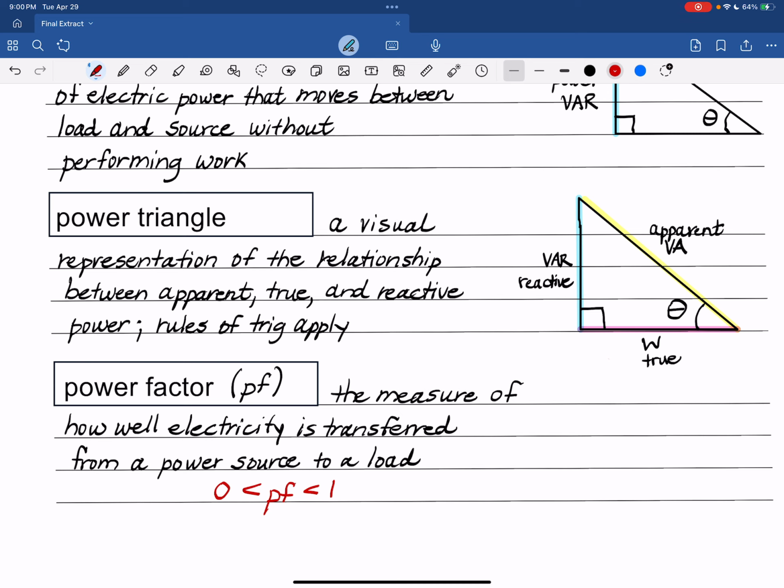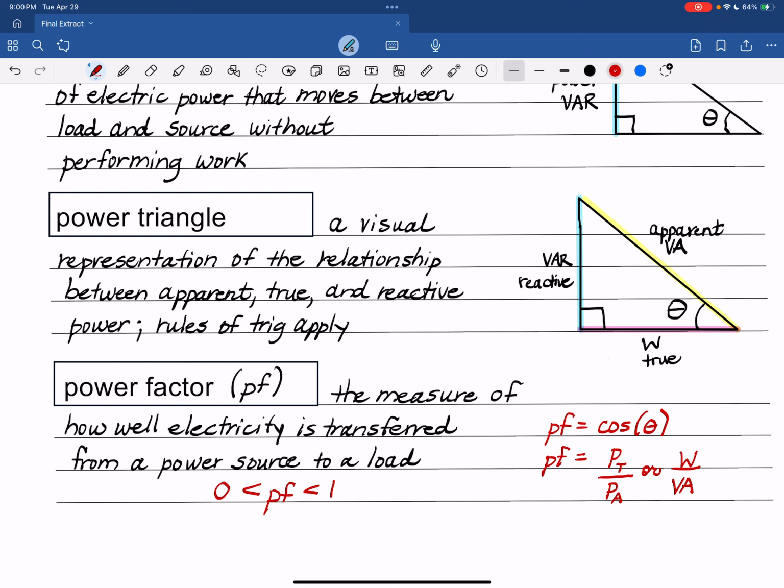Another thing that you need to know about power factor. Power factor can be found by taking the cosine of theta. Power factor is the cosine of theta. Power factor can also be defined as true power divided by apparent power. Or in our book, that is W over VA.